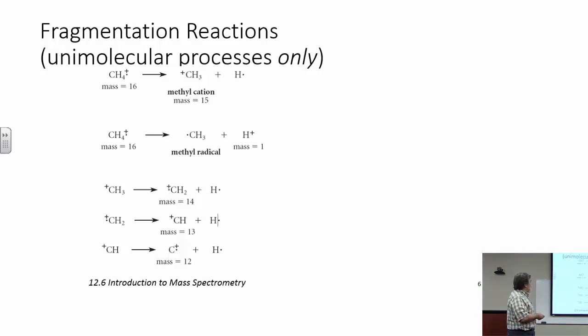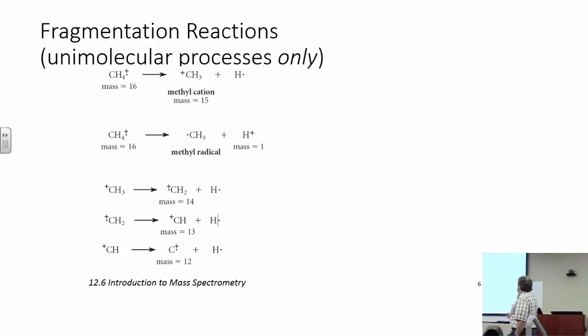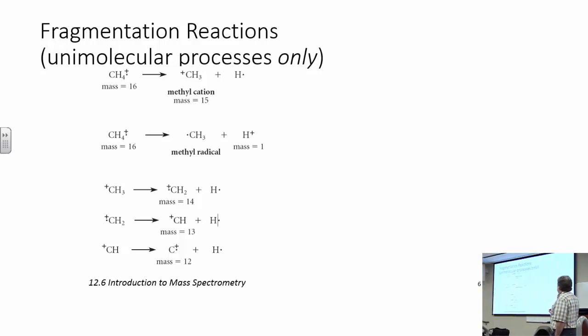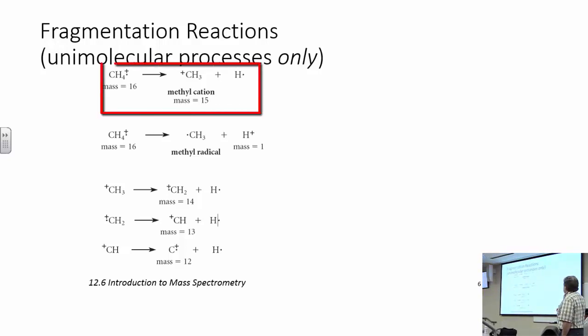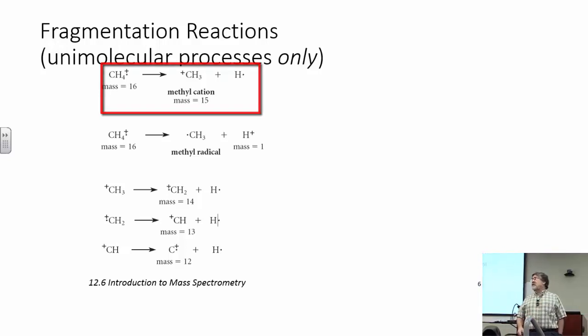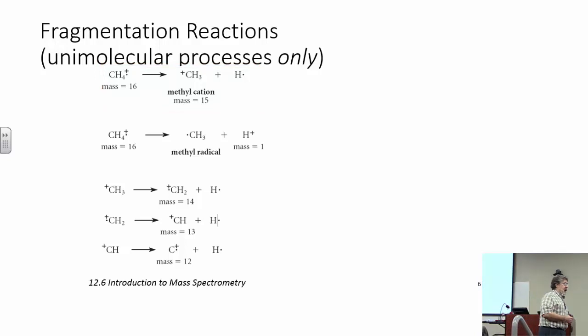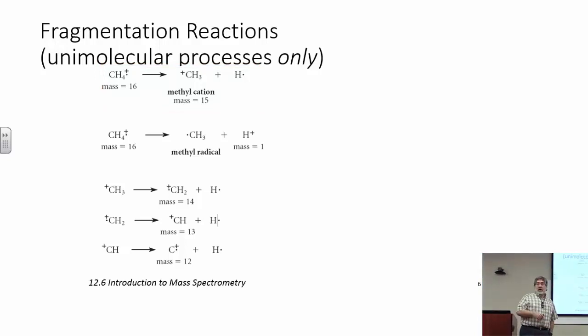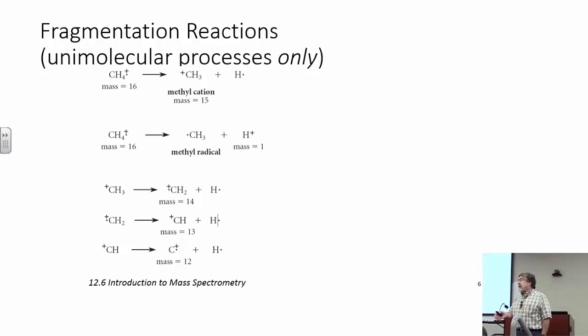This is just a representation of the chemistry that's likely to happen. So there's the molecular ion losing a hydrogen atom. Now notice it's the hydrogen atom. Something I should point out to you about the mass spectrometer and how it's designed to work. When those ions strike the detector, they are the ions that get counted.